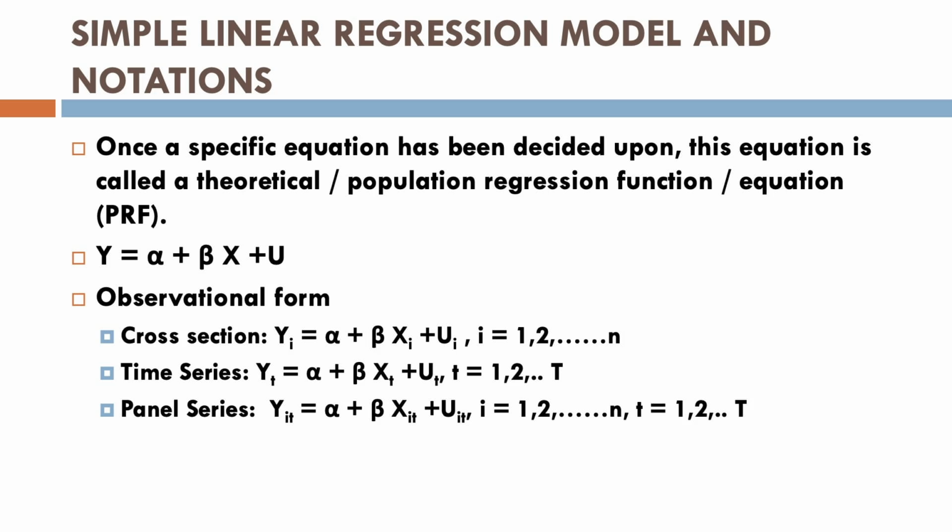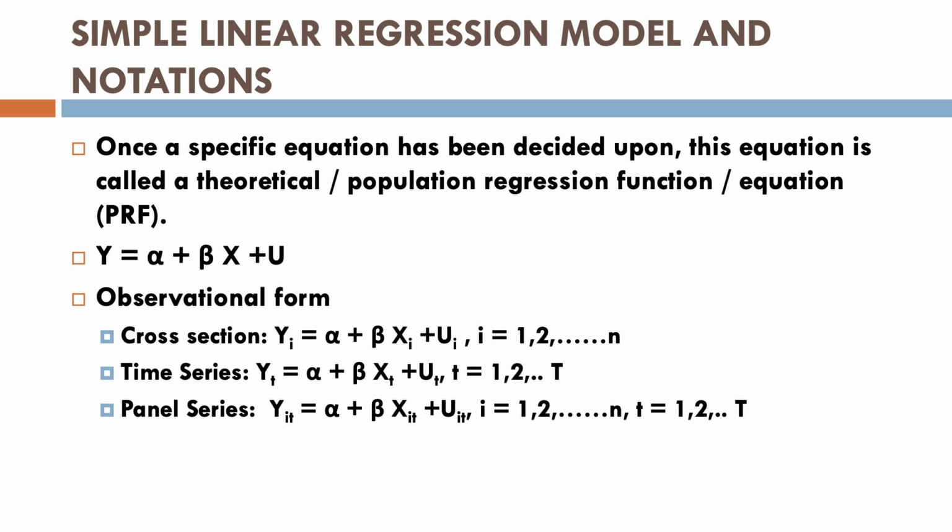Now, let us see the simple regression model and some of the notations used in that regression model. Once a specification equation has been decided upon, this equation is called the theoretical or population regression function.